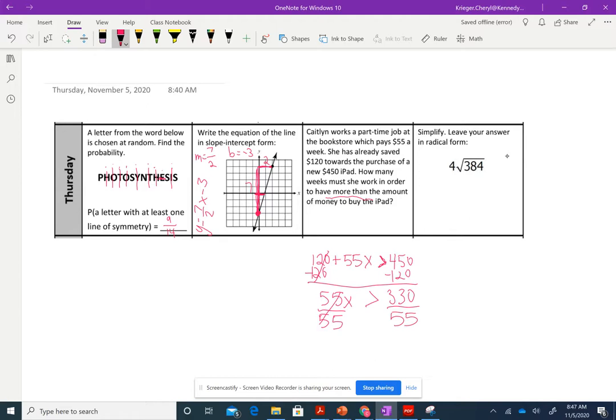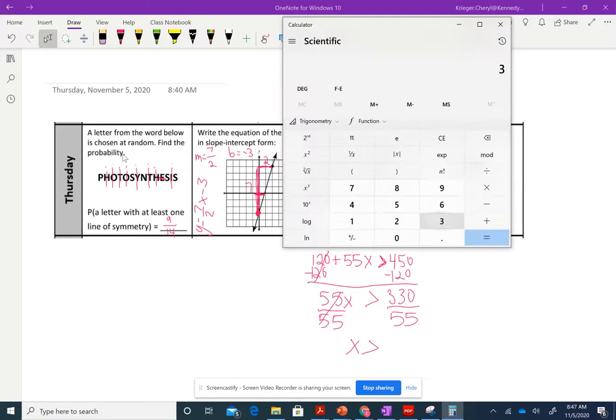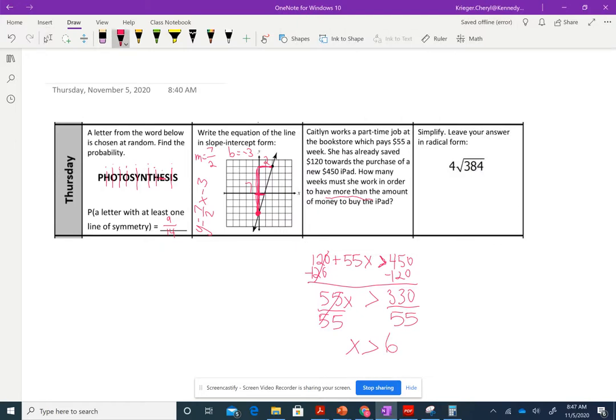So x is greater than 330 divided by 55, which is 6. X is greater than 6. So that is my answer. She has to work more than 6 weeks to have more than enough for the iPad.